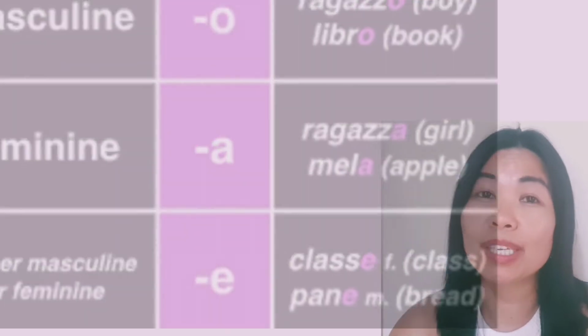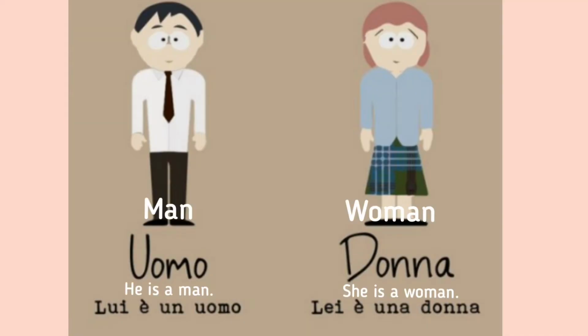Another example, if we say, lui è un uomo. Uomo means man, so uomo obviously ends with the letter O. And lei è una donna. So, donna means woman, ends with the letter A. So, lei è una donna.